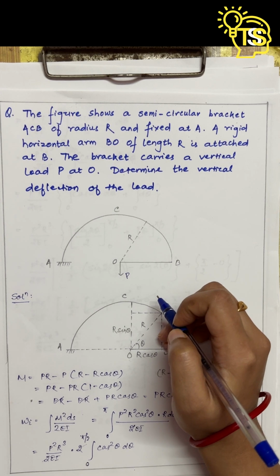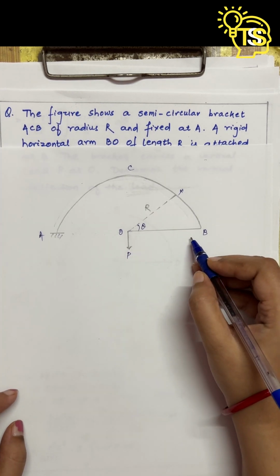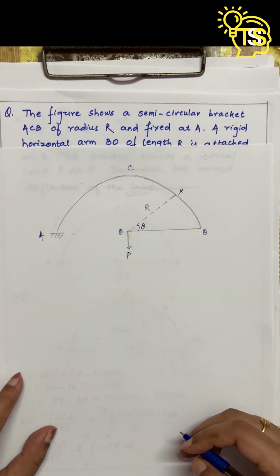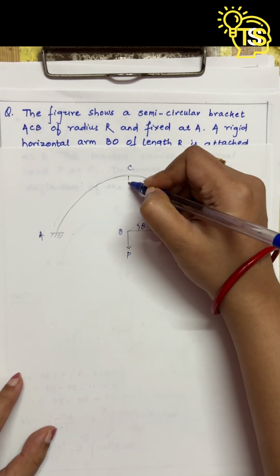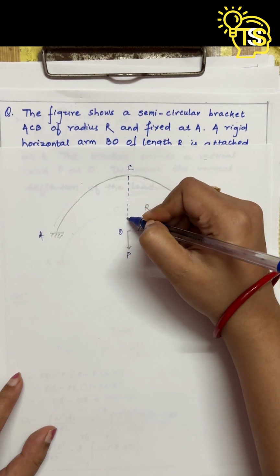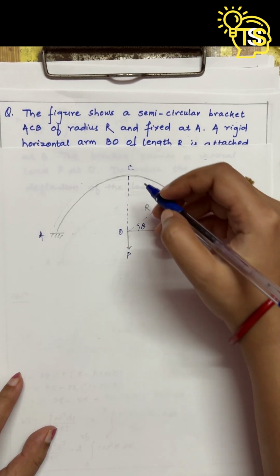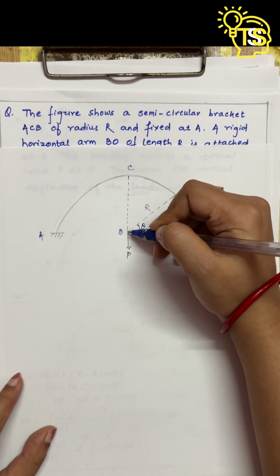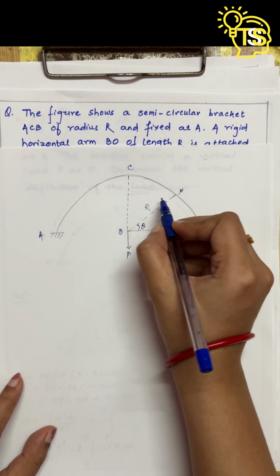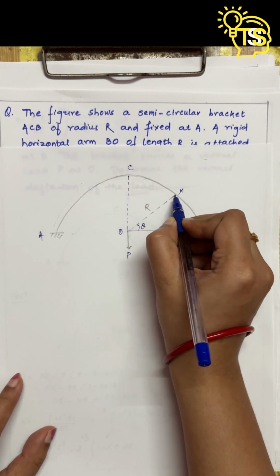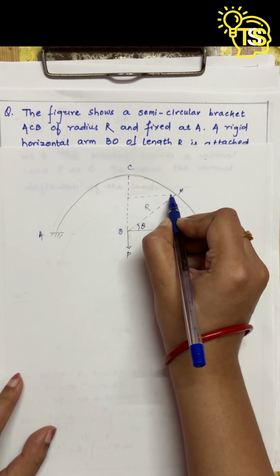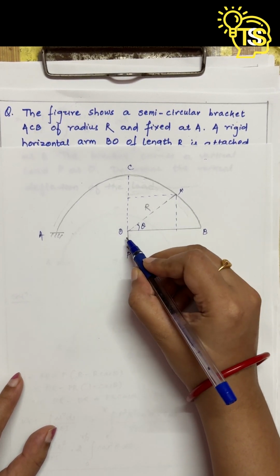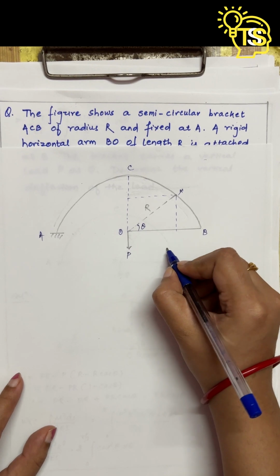Now let's solve the problem. This is the same semicircular bracket that is given in the question. Now before solving the problem, let me draw this perpendicular line at point O. The length of the horizontal arm BO is r.